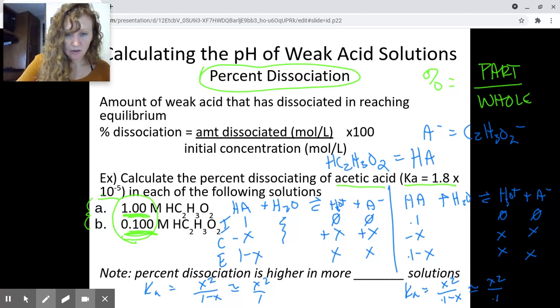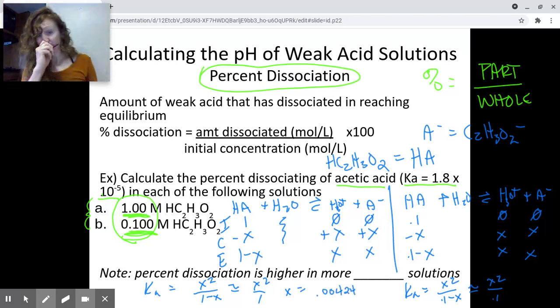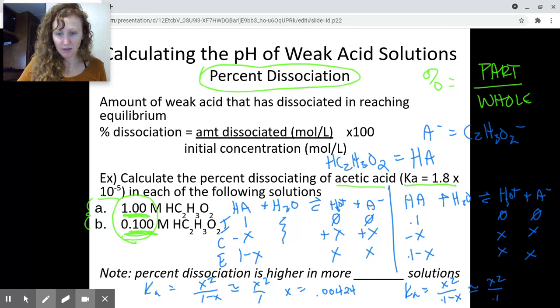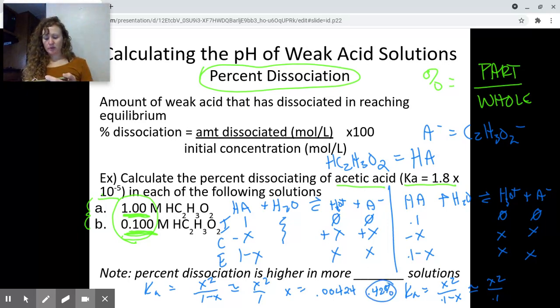So here, my x is equal to 0.00424. If I divide that by my initial amount and multiply by 100, I get a 0.42% dissociation. Let's see what it is for the other one.